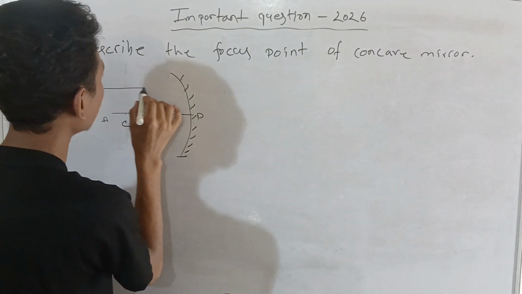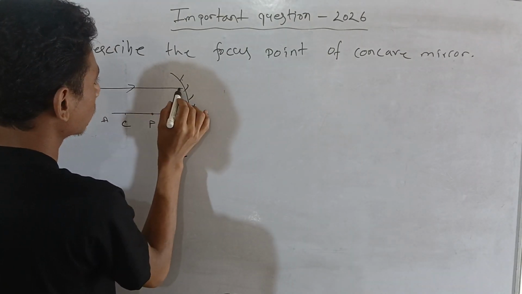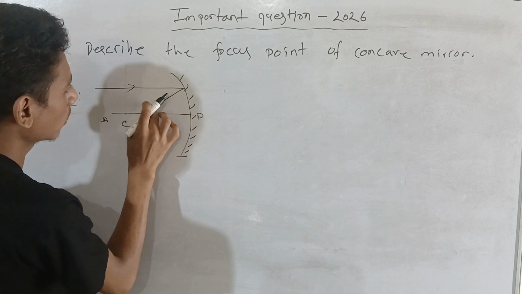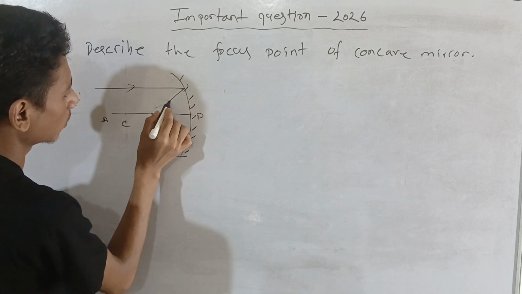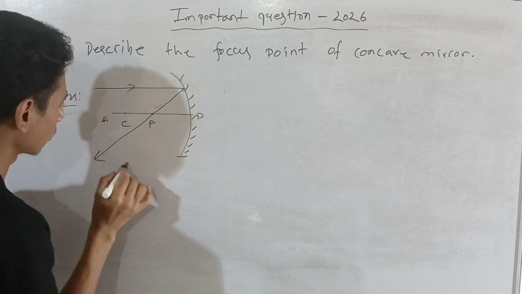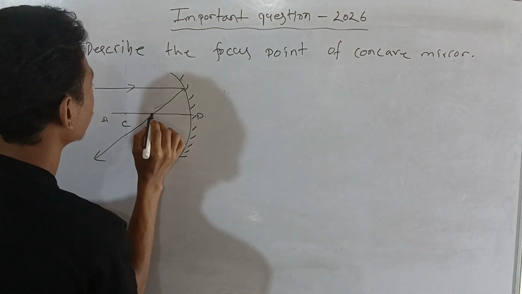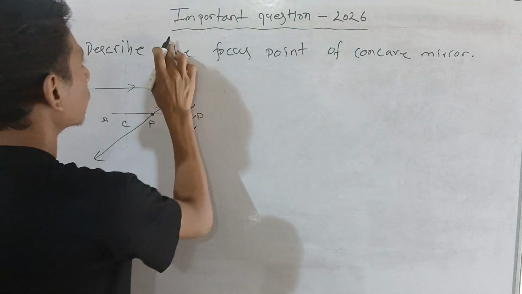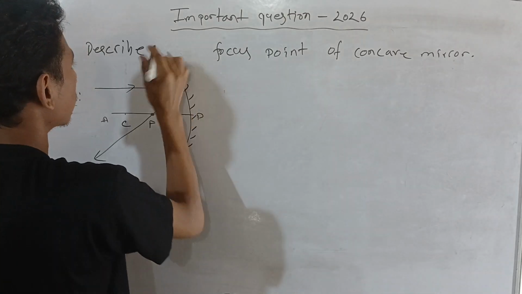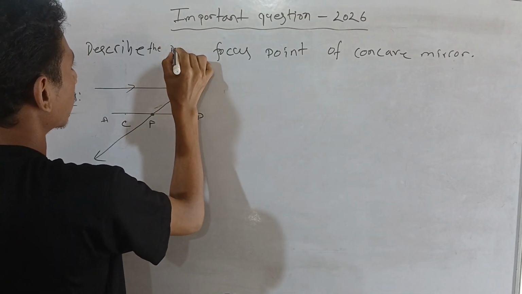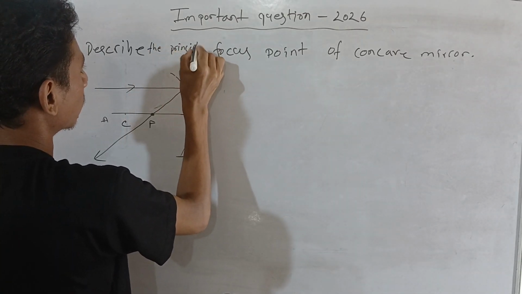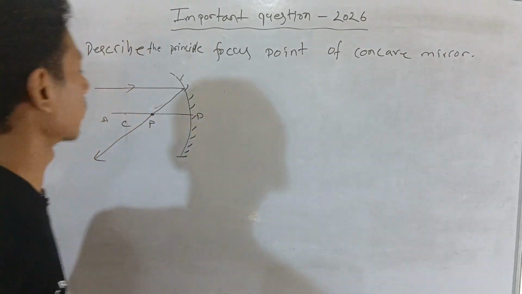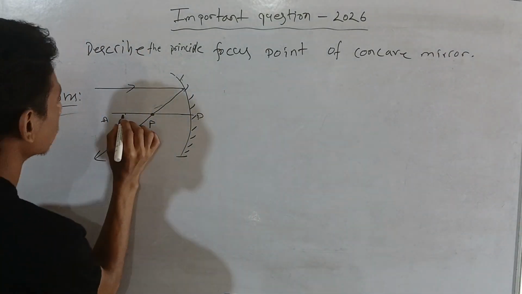If any ray is parallel to the principal axis, then the reflected ray always passes through the focus point. Okay, focus point or principal focus. Describe the principal focus point of a concave mirror. This is our center point.